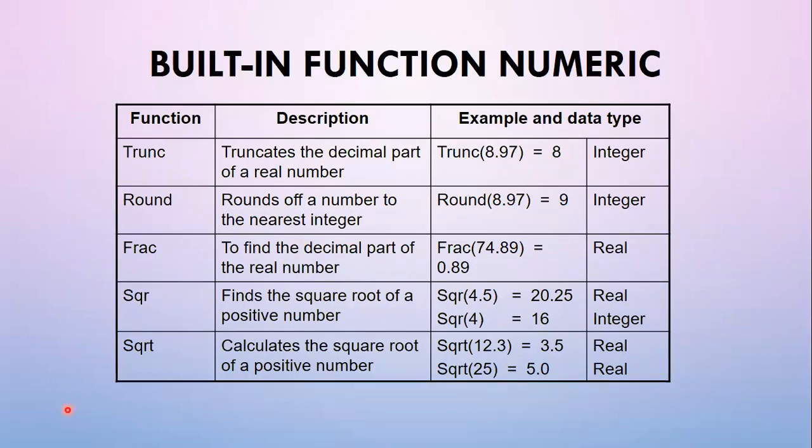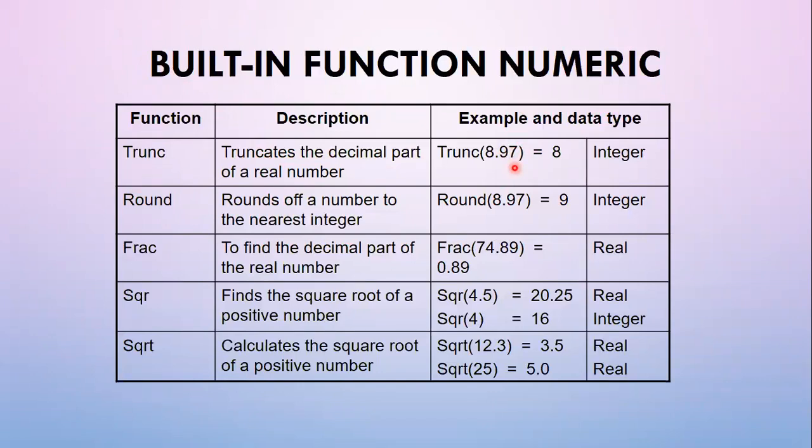Now we are going to look at built-in functions. Now this is also in your Delphi textbook. You can also find it in the GDE textbook, which I have given you. The first one we're going to focus on is Trunc. What it does is truncate the decimal part of a real number. So basically it's going to chop off the end of the number.